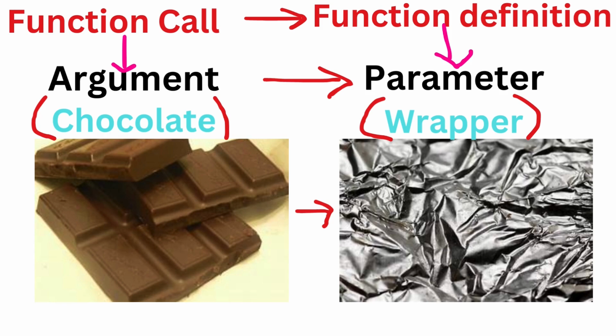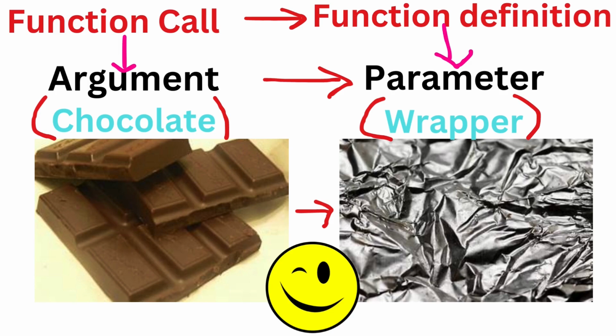Okay. Hope you guys understand this very clearly. If not, just rewind this and listen to it. And it is a very beautiful example which will really make you clear about the concept of arguments as well as parameters. So this has another advantage too. Whenever you see a chocolate or eat a chocolate, of course, you can connect all that with arguments and parameters.